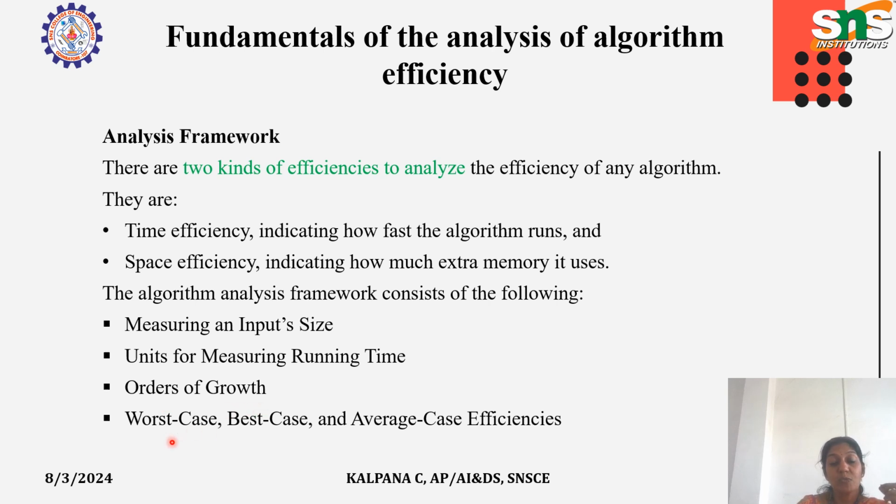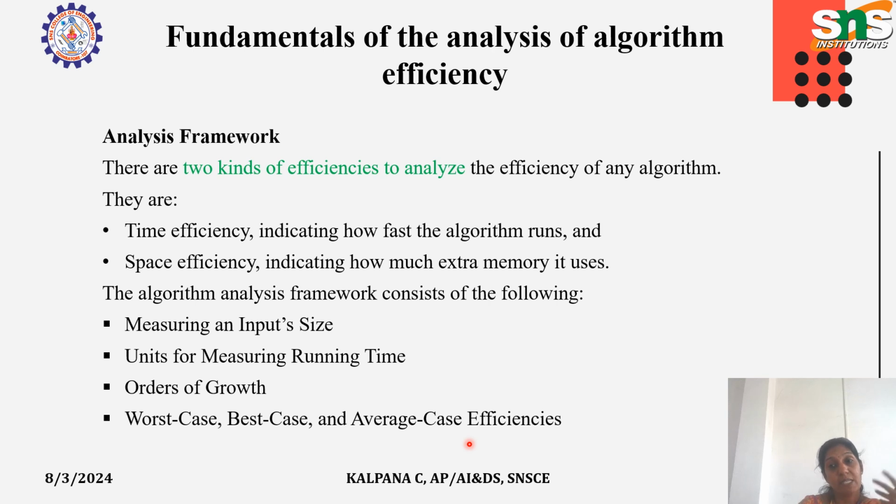And the next is worst, best and average case efficiencies. When I talk about worst case, best case and average case time complexities, it deals with the type of input.